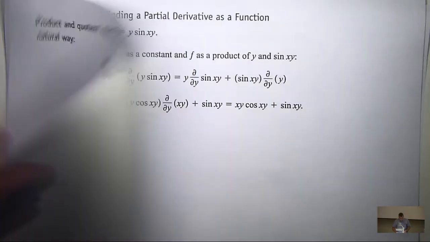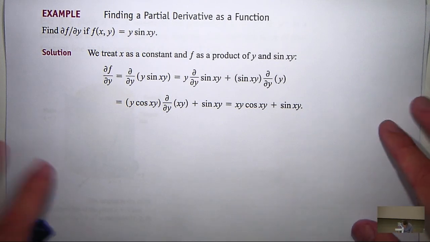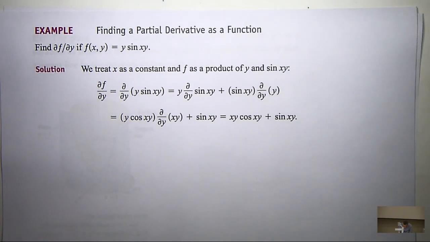Okay, so here's another example that I've created earlier. Here we've got a product, y times sine xy. So it's two functions multiplied together.